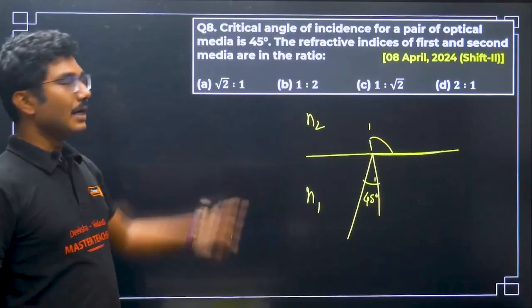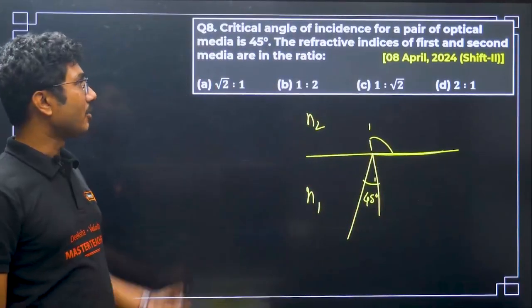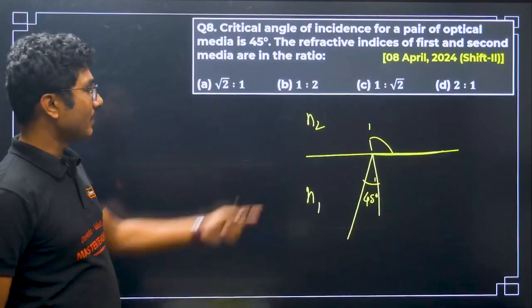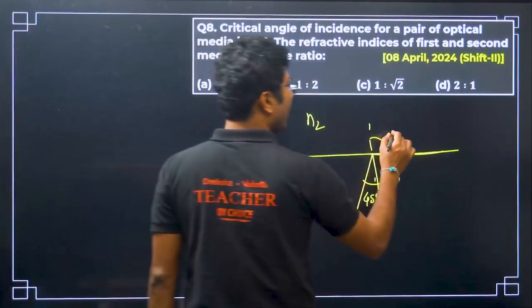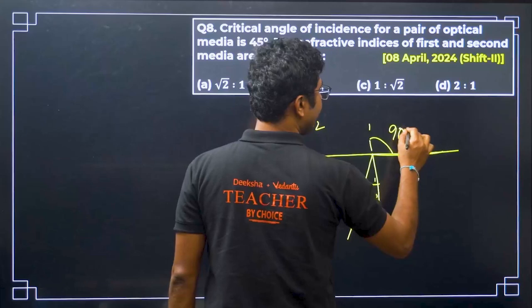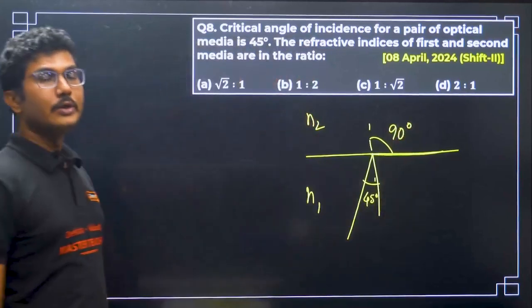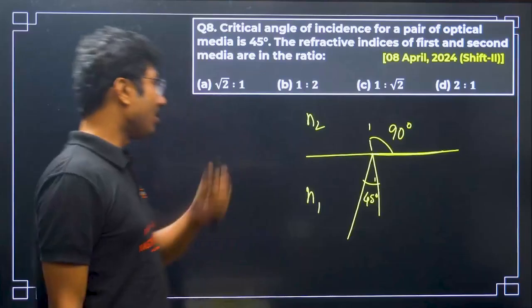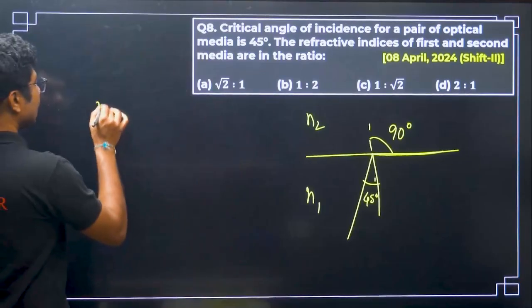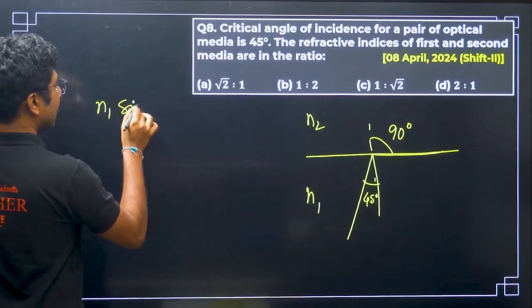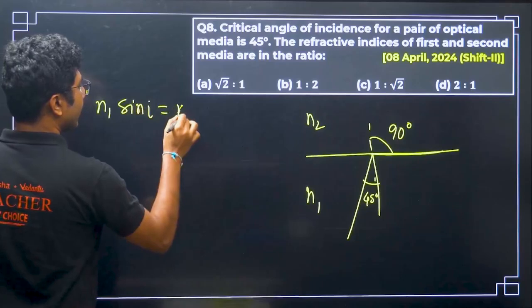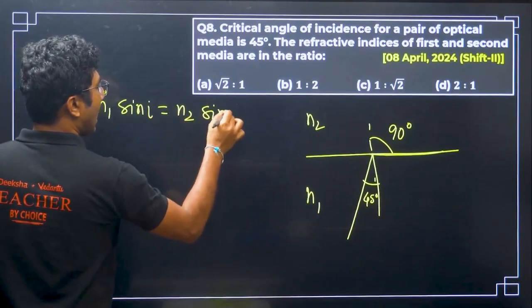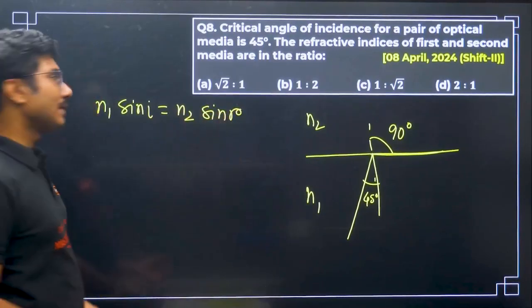But here it is not mentioned whether it is air or not; a pair of media is given, the angle is 45 degrees, and the refraction angle is 90 degrees, that much we know. So what will we do? We will use the general law, Snell's general law. Snell's general law is N1 sin I equals N2 sin R. This is the general form of Snell's law.